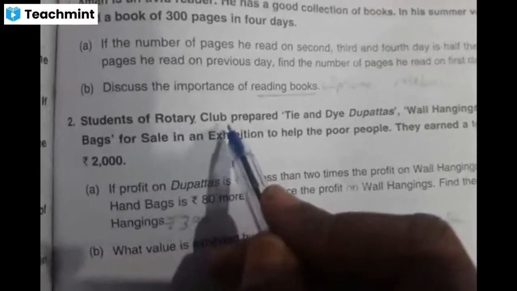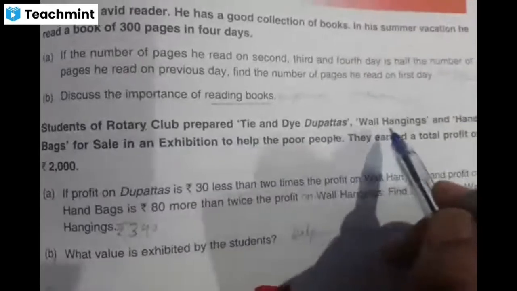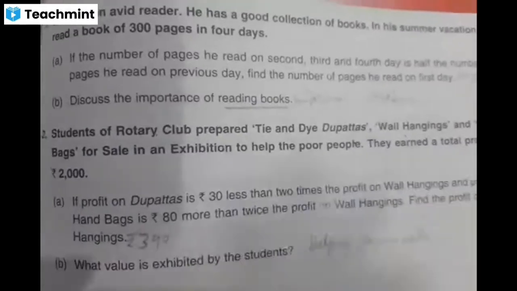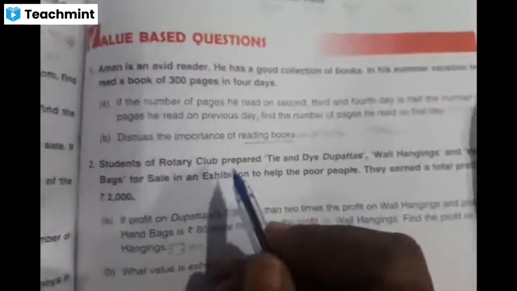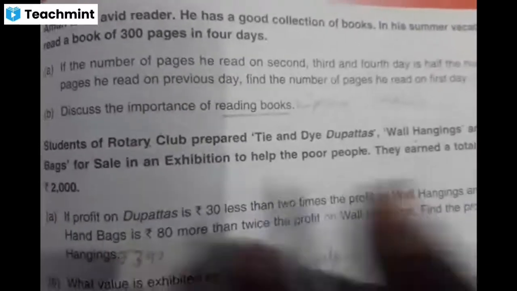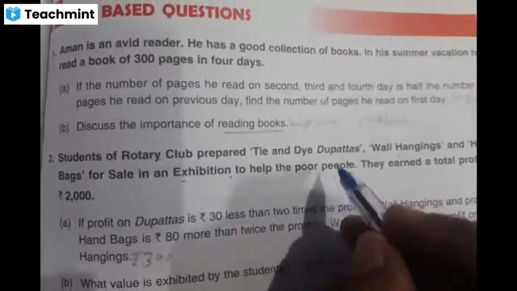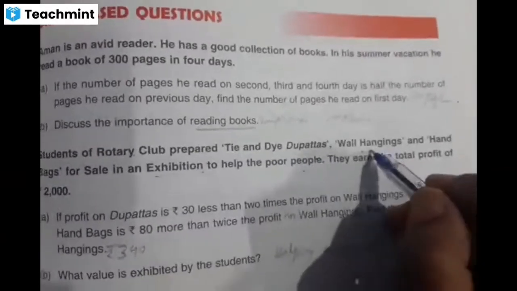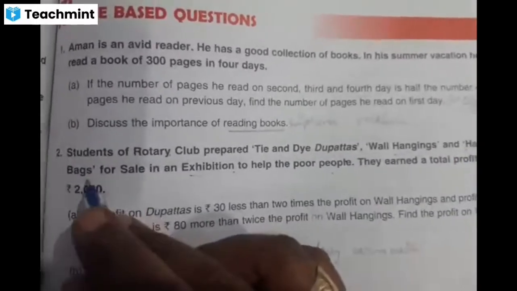Students of Rotary Club prepared tie and dye dupattas, wall hangings, and handbags for sale in an exhibition to help the poor people. Here, the students from Rotary Club have set an exhibition to help the poor people. Some of them are preparing the dupattas, some have prepared wall hangings, and some have prepared handbags.